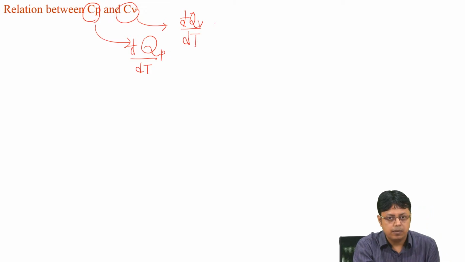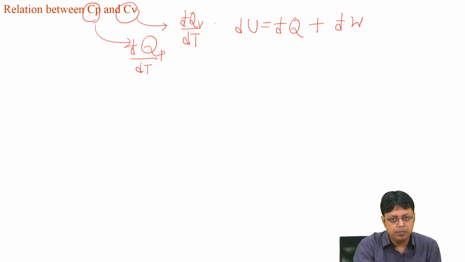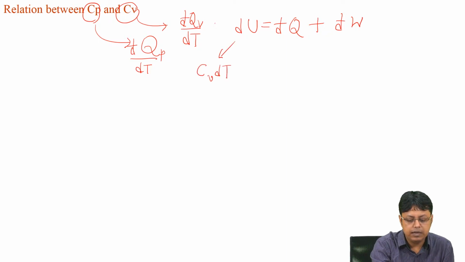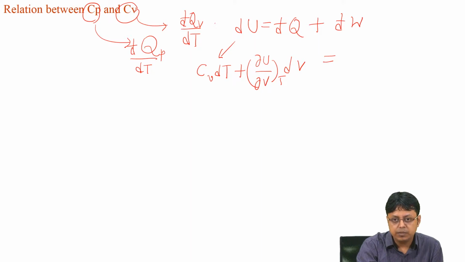Now we can start from the first law, dU is đq plus đw, and then we can impose some conditions where I will use the fact that dU is nothing but Cv dT plus (∂U/∂V)_T dV, and similarly on the right hand side I can use the relationship for enthalpy which we just discovered.